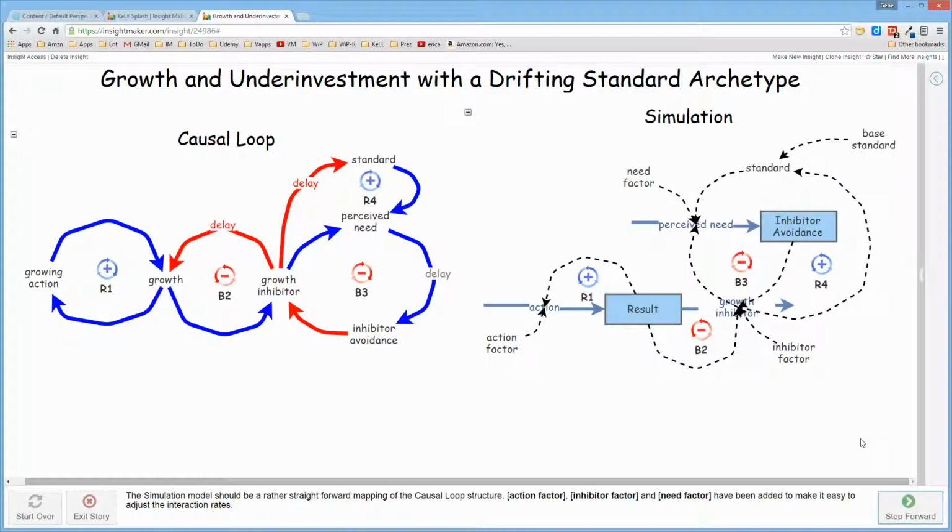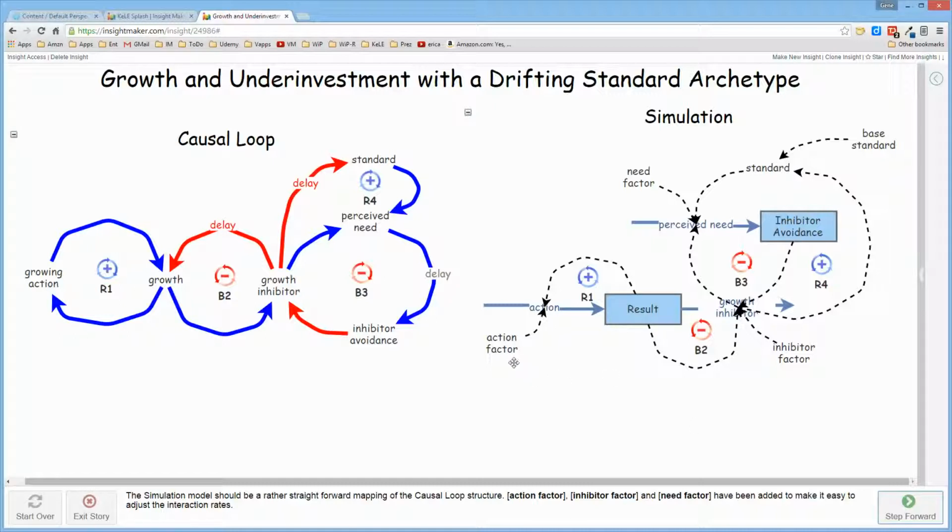Now the stock and flow simulation version of this, which you should be quite used to seeing, is quite straightforward. This is the balancing loop R1 with the growth inhibitor and the inhibitor avoidance, and here is that new piece, the R4 piece, to reduce the standard.